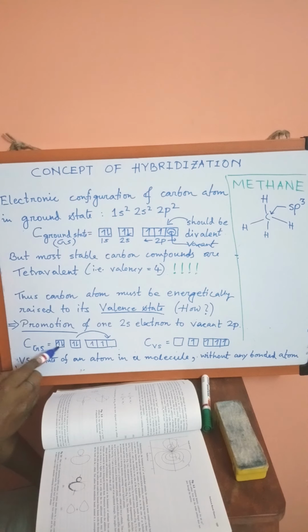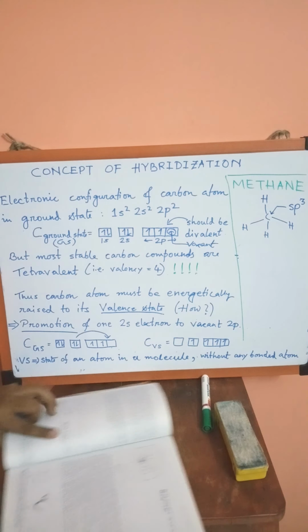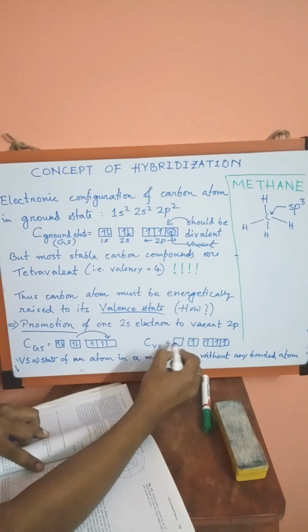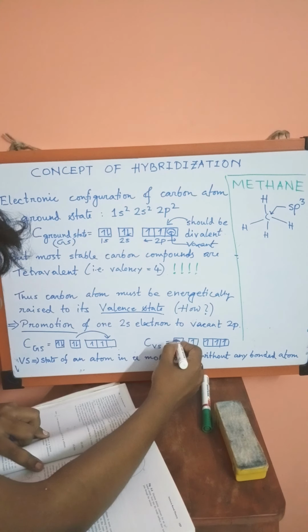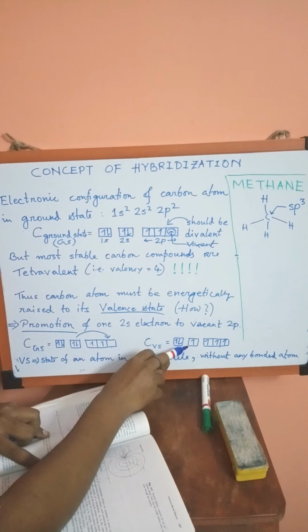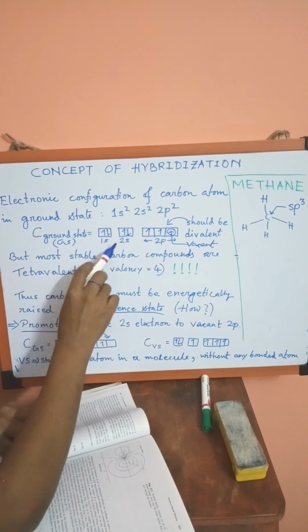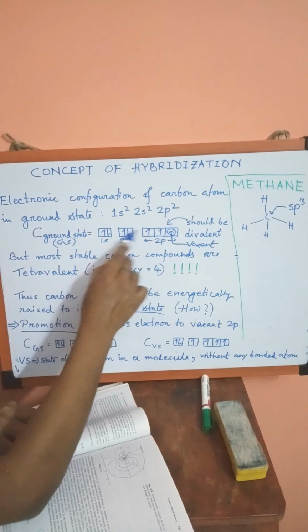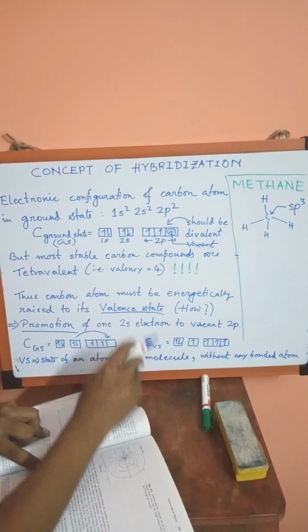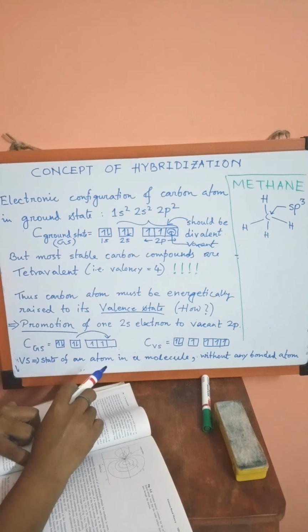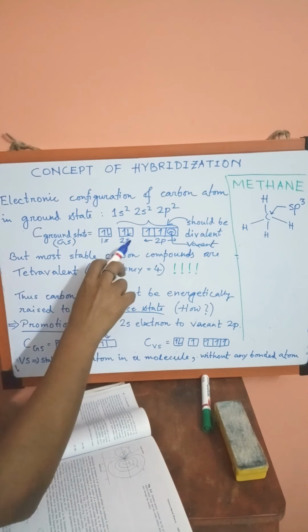Carbon ground state is 1s2 2s2 2p2, and carbon in the valence state is 1s2 as it is. What is the valence shell? It is the last shell of the atomic electrons, that is, the 2s2 subshell.